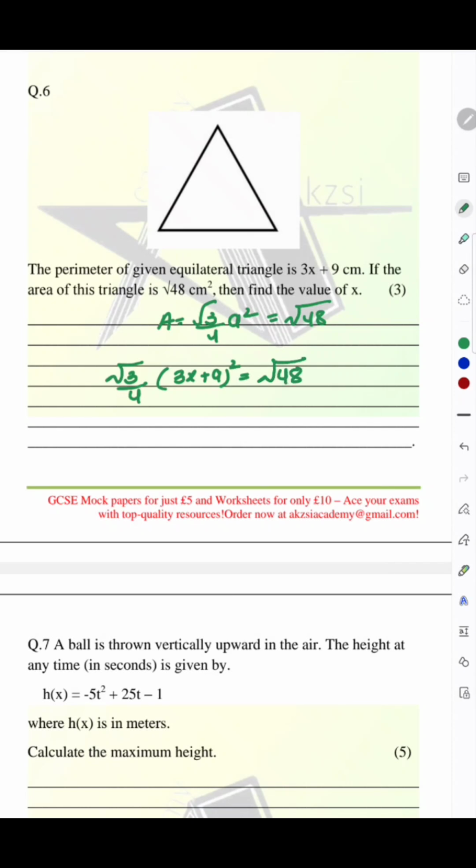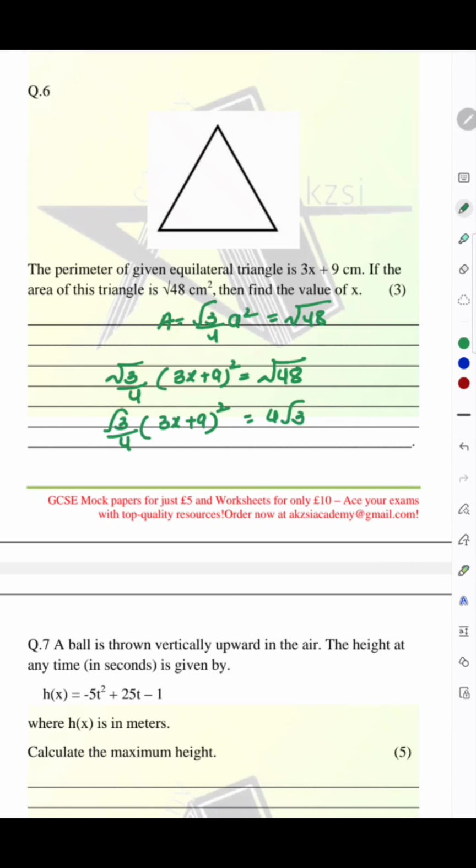Now we can simplify. Either you can divide both the sides by root 3 or you can just directly simplify here. If you simplify this, root 48 will come out to be 4 root 3. And this is root 3 over 4, 3x plus 9 whole squared.